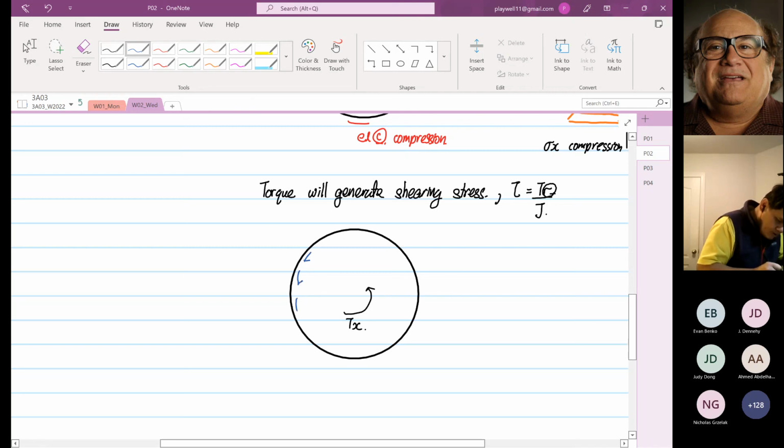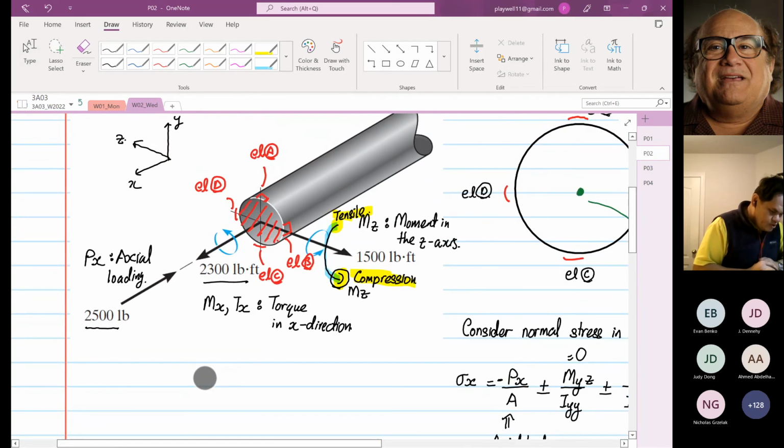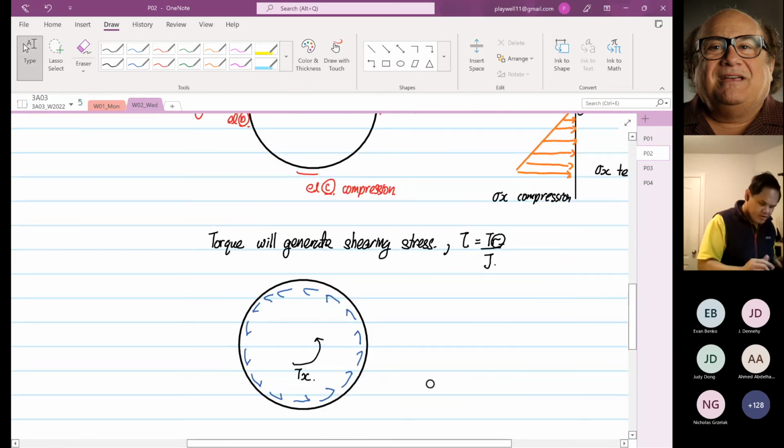So this is the shear direction. Some of you might ask me, Eugene, the shear is in, so that is the arrow. What direction is that? Let's not worry about the direction first. I don't want to confuse. Later on, then I teach you.